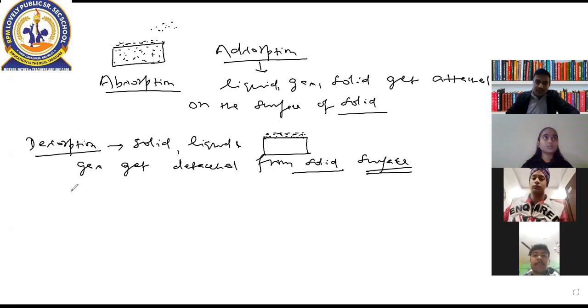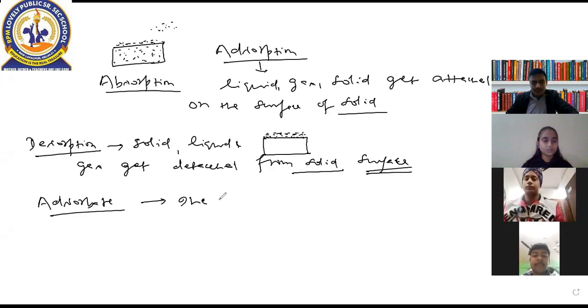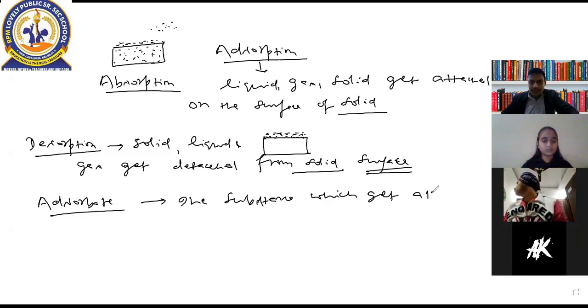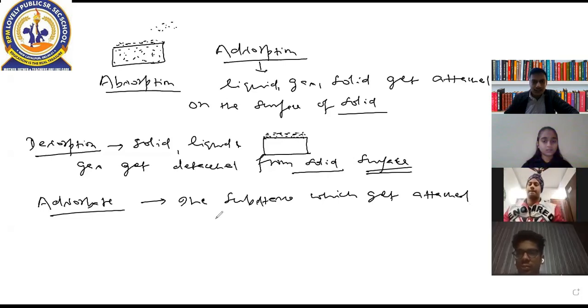The one substance which gets attached is called the adsorbate. Adsorbate: the substance which gets attached to the solid surface.